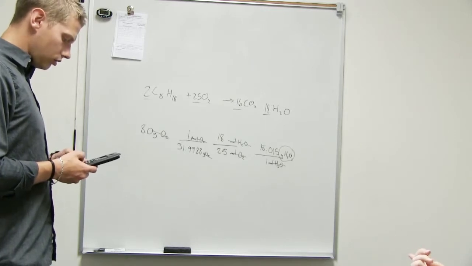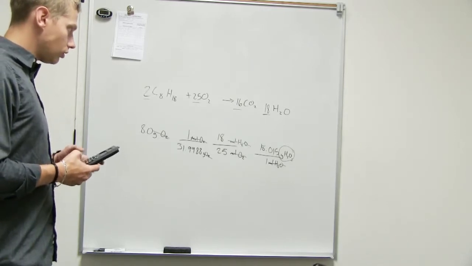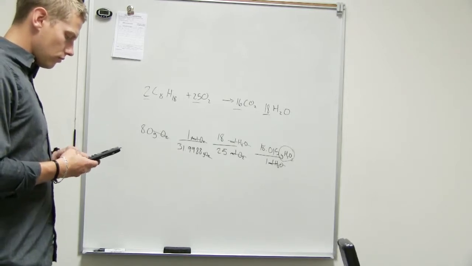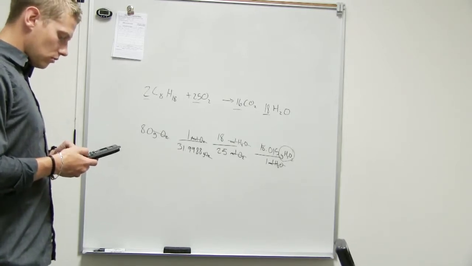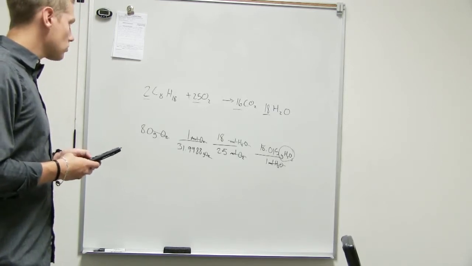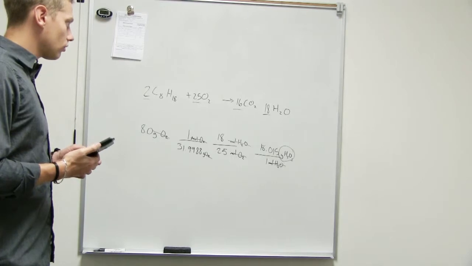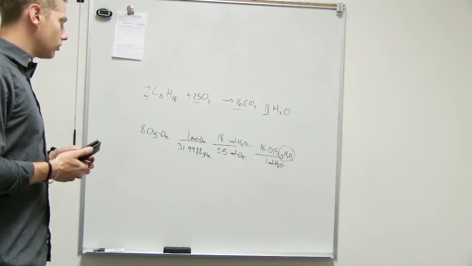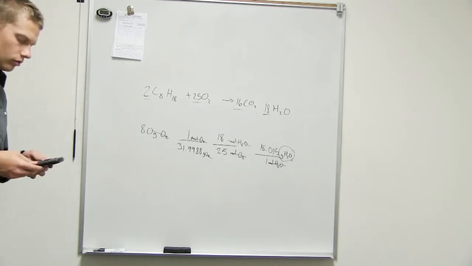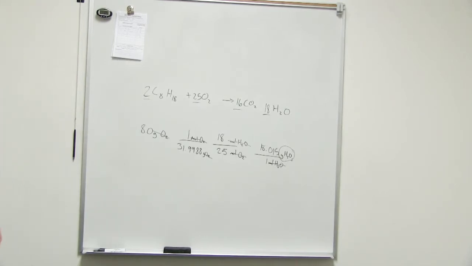For the middle one, would I multiply by 18 and then divide it by 25? Perfect. Yep. Okay, I get 3.2.